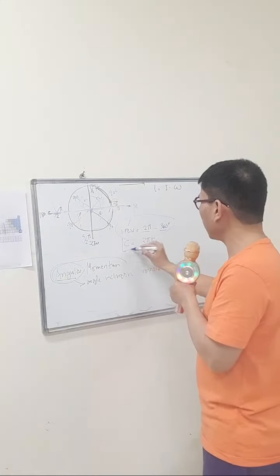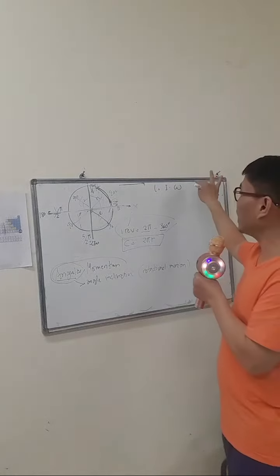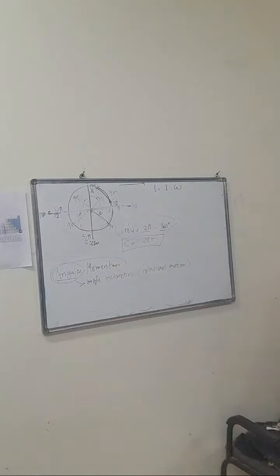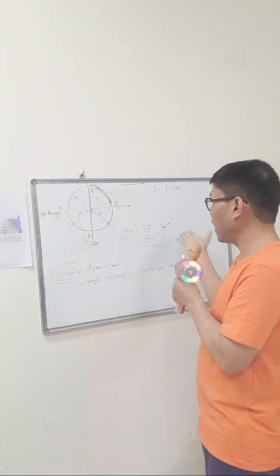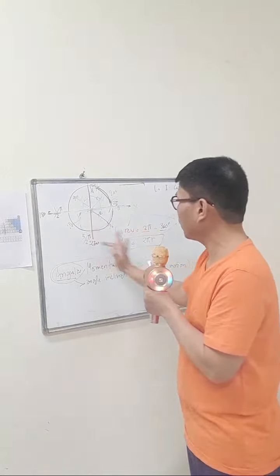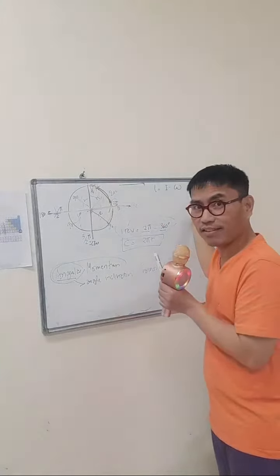I need to connect this because we need to get the angular velocity for our angular momentum. So what will be happening to your velocity in terms of a circle? Because we're dealing with angular momentum, let's connect this later on.